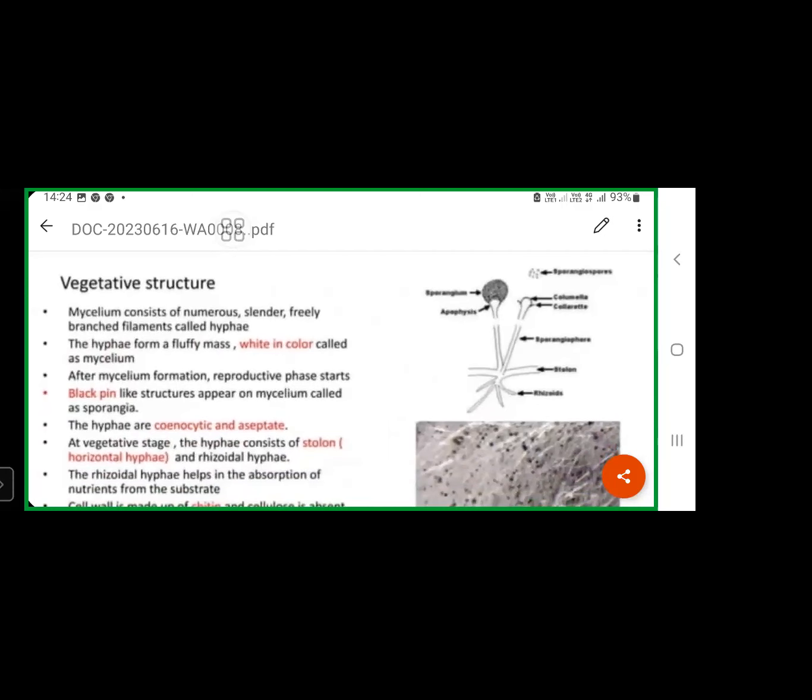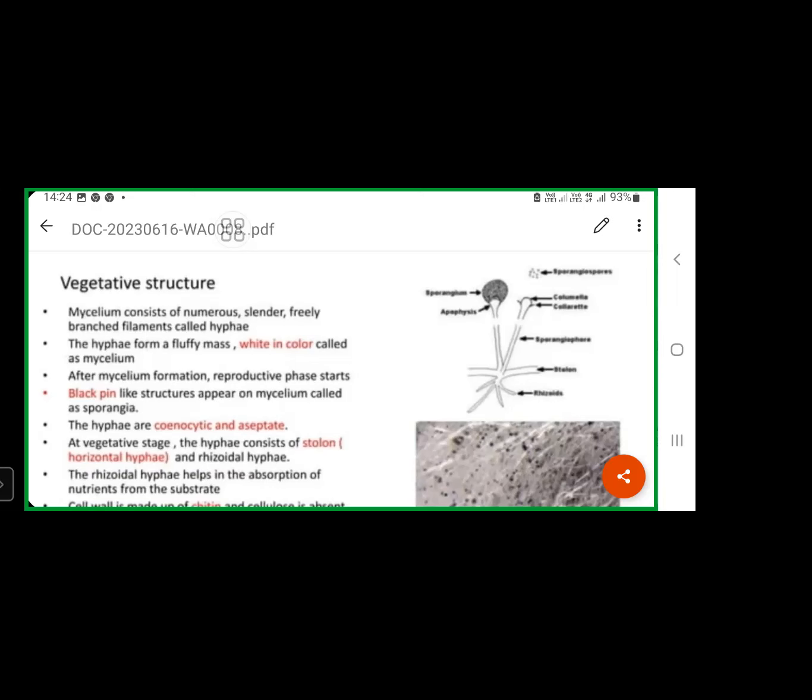Whenever it is present in the form of a group, like a colony, it is white in color. Actually it is cottony in appearance, white in color. But if you observe individual hyphae, they are hyaline, meaning colorless in condition.